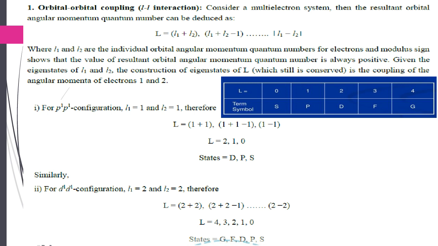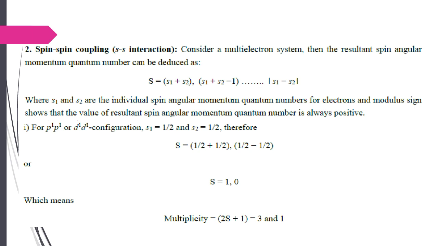So from 4 to 0, that means 4, 3, 2, 1, 0. L equal to 4 is G, L equal to 3 is F, L equal to 2 is D, L equal to 1 is P, and L equal to 0 is S. This is orbital coupling, or L-L interaction.